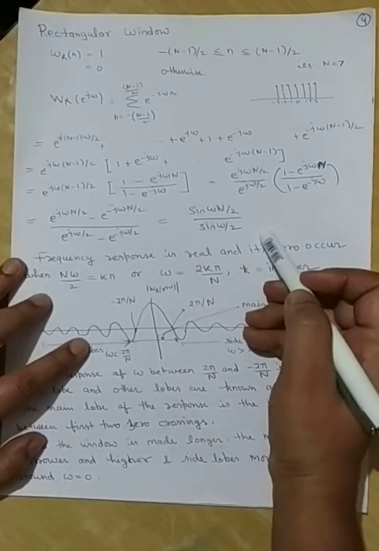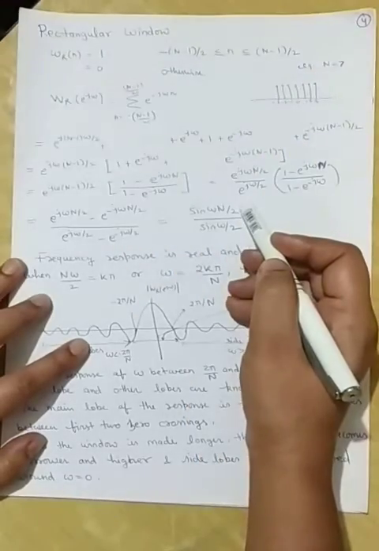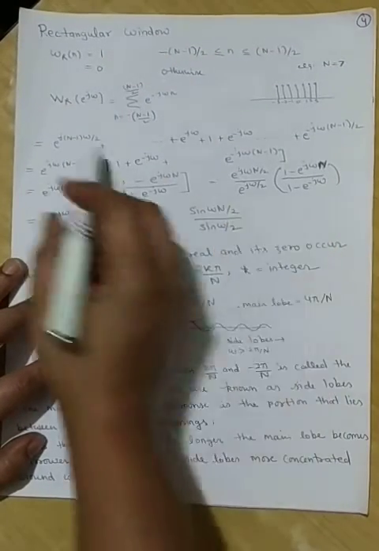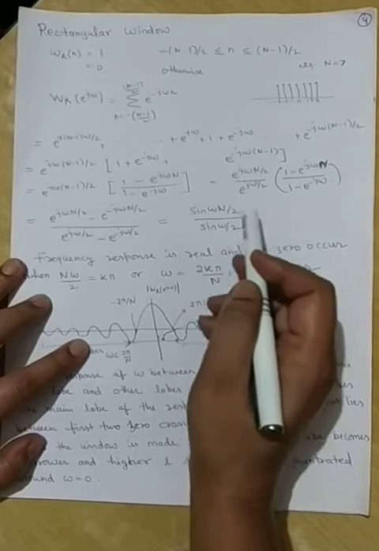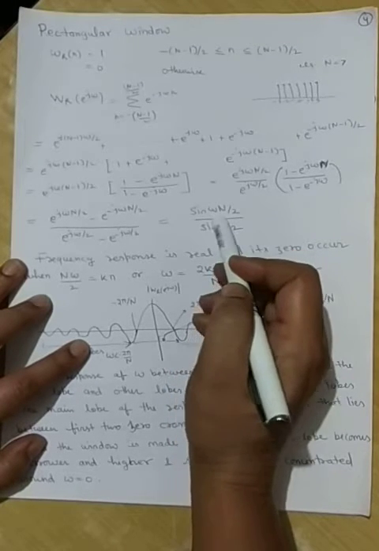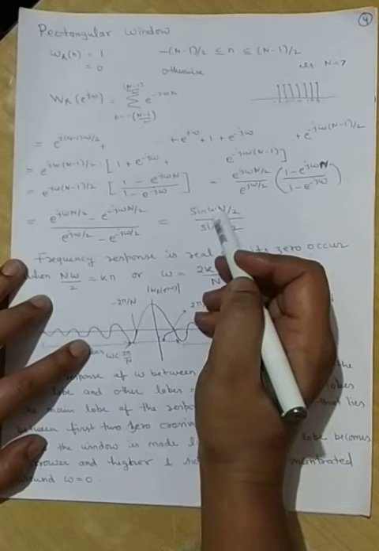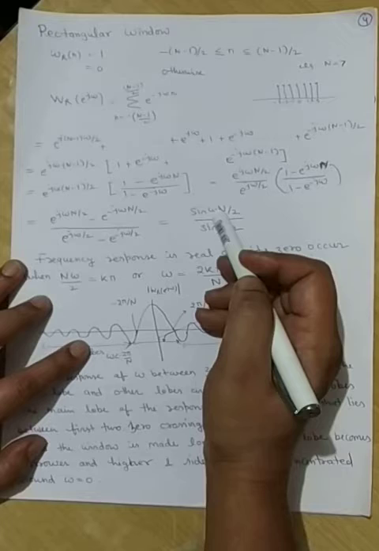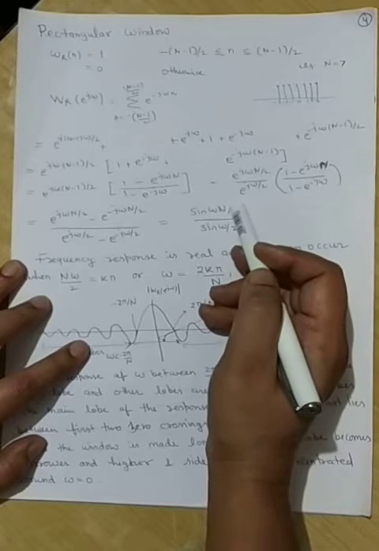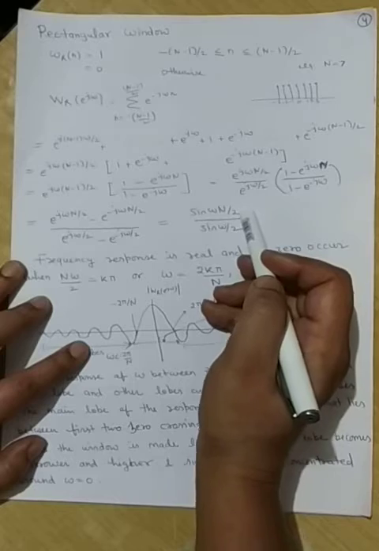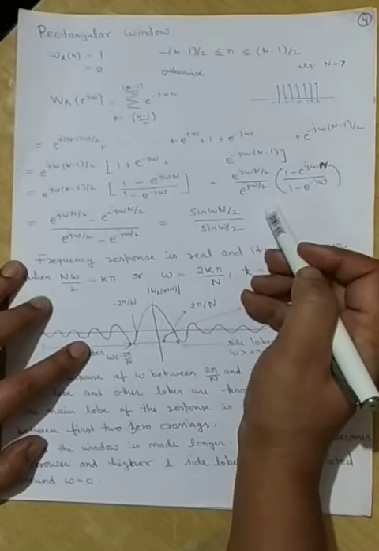Now in this sinc function, the value of the response will be 0 when its numerator is 0, that is, when this sine function is 0 in amplitude. So when omega N by 2, which is the angle of the sine function, is an integer multiple of pi.